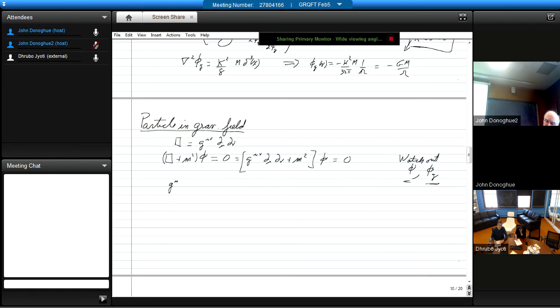G mu nu is then 1 minus 2 phi g for the first component, and minus 1 plus 2 phi g for the spatial ones.